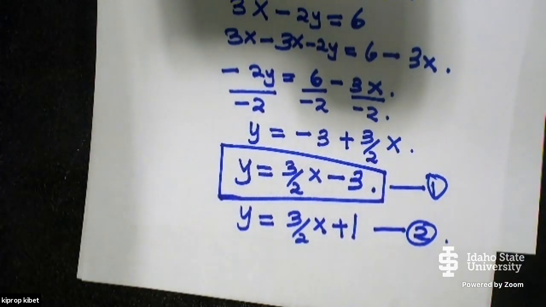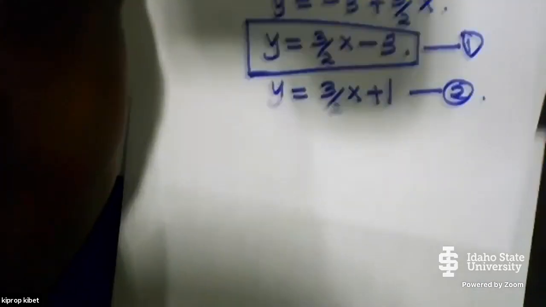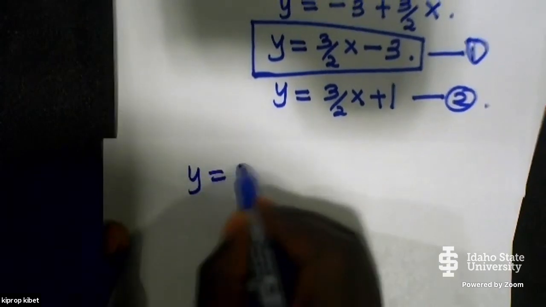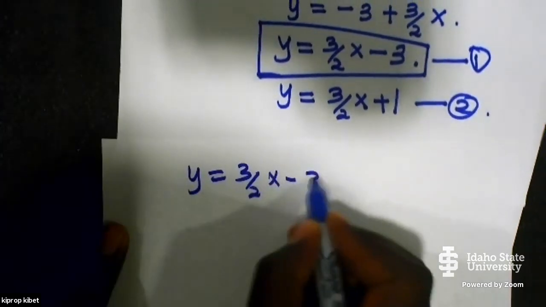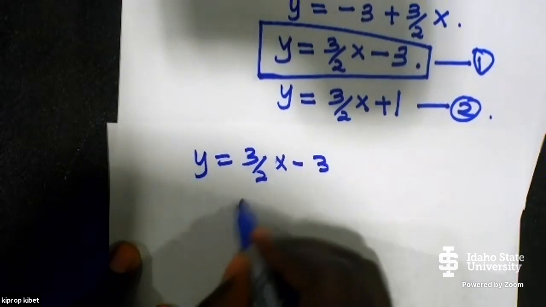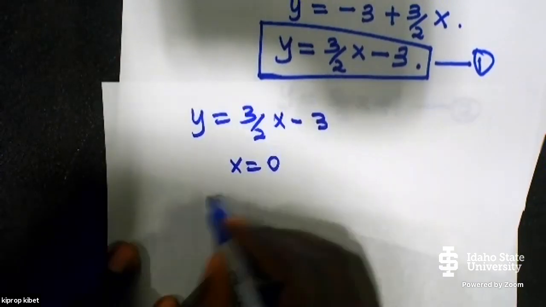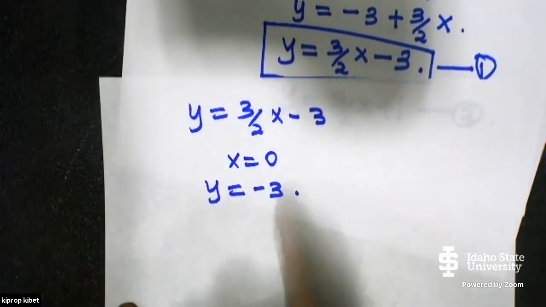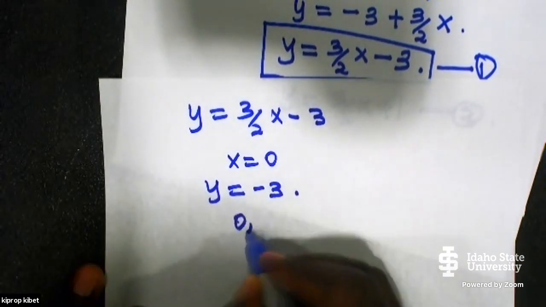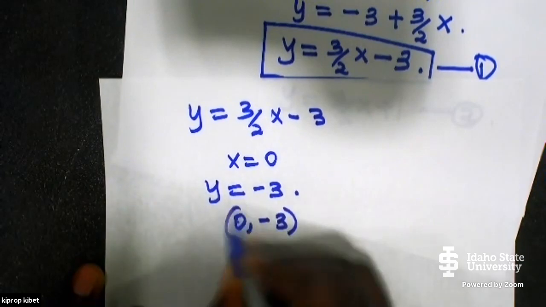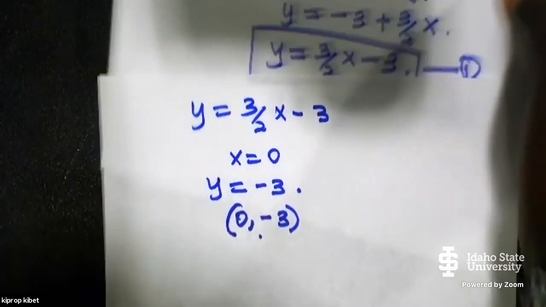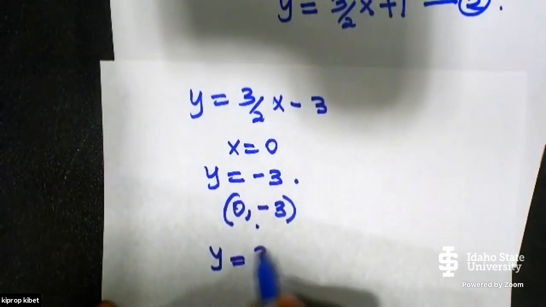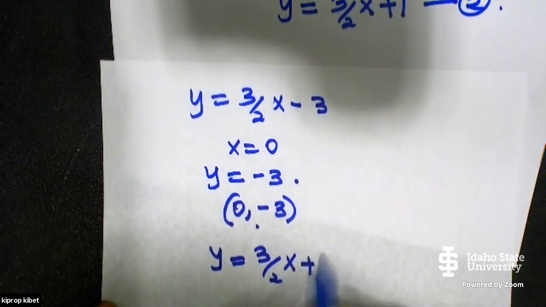Here, y equals 3 over 2 x minus 3. When x equals 0, y equals minus 3. So our point here is 0 and minus 3. The other one is y equals 3 over 2 x plus 1.